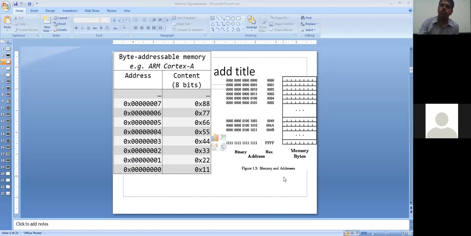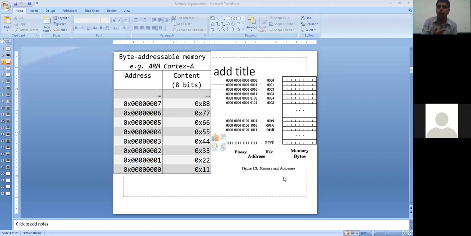If you look at the data bus, you will mostly understand how many bit processor it is. For example, in 8086, the data bus width is 16 bits. So at any given point of time, you can load 16 bits of data into the registers.